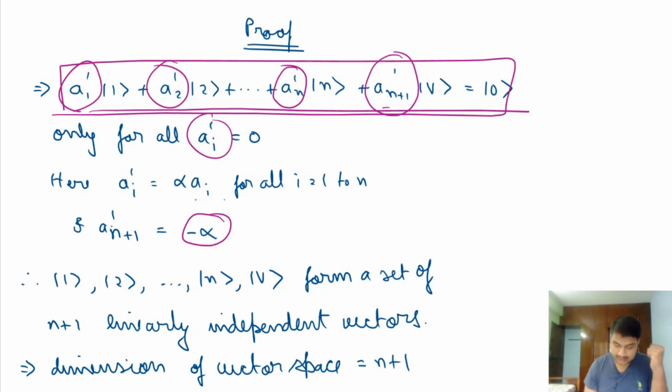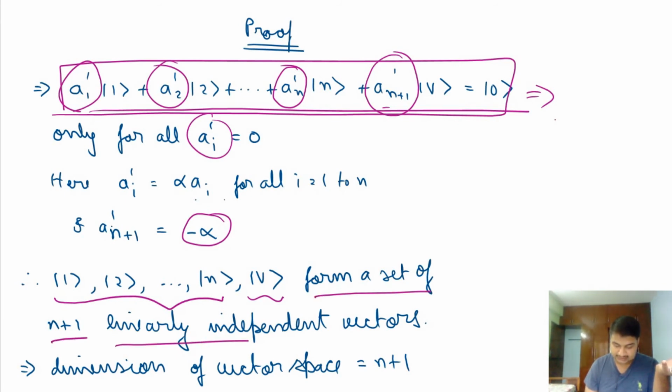Again, if we compare this with the equation for the definition of linear independence, what this equation implies is that the n vectors plus the vector v form a set of n plus 1 linearly independent vectors, because the only solution for this equation is when all of these coefficients go to 0. But then the dimension of the vector space that we were in was actually n, not n plus 1.